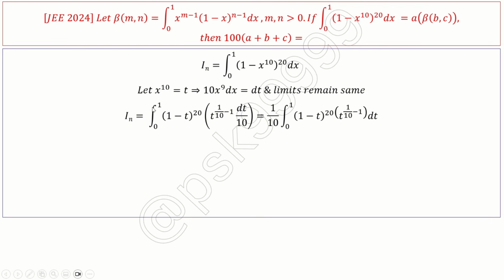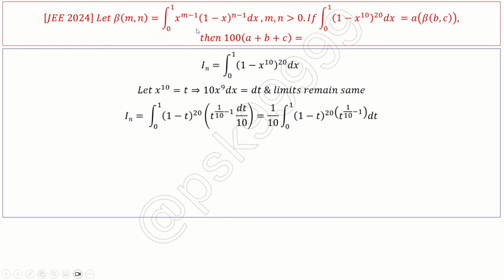So the integration becomes 0 to 1 of 1 minus t to the power of 20 into t to the power of 1 by 10 minus 1, correct? What I require is 1 by x to the power of 9, which gives 1 by 10 minus 1, and dt by 10. This is nothing but 1 by 10 times the integration from 0 to 1 of 1 minus t whole to the power of 20 and t to the power of 1 by 10 minus 1.